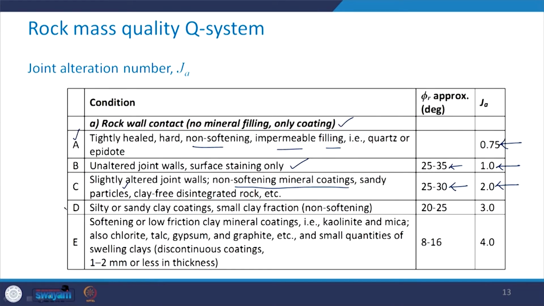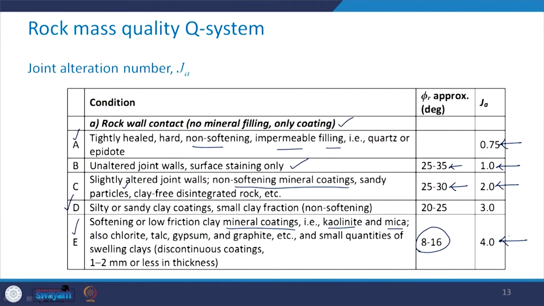Likewise, you have class D and class E. Class E is softening or low friction clay mineral coating, which can be kaolinite and mica, also chlorite, talc, gypsum and graphite, etc. For this you see that the phi r value is so low, of the order of 8 to 16, and the rating assigned is 4. So, as explained earlier, the larger the rating of joint alteration number, the poorer the quality of rock mass it represents.